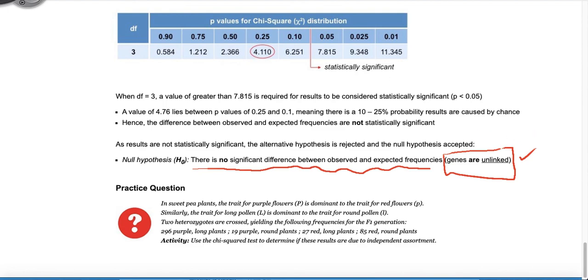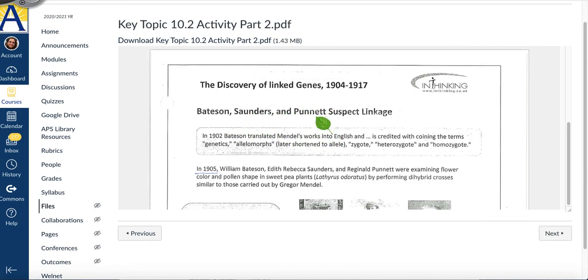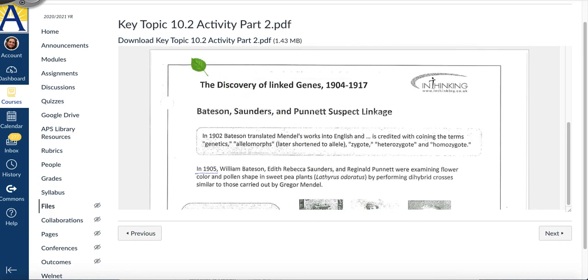Now, in your activity that you guys are going to be working on later today, you are going to be looking at the discovery of linked genes, Bateson, Saunders, and Reginald Punnett. So the work that they did. And they discovered linked genes, but they weren't really able to prove it. Okay? So remember that Mendel's experiments were published in 1865, right?